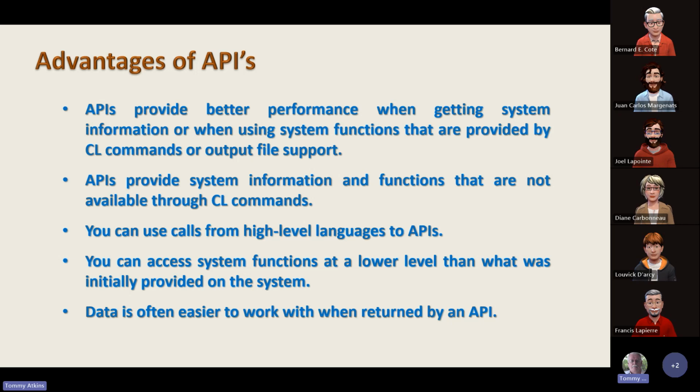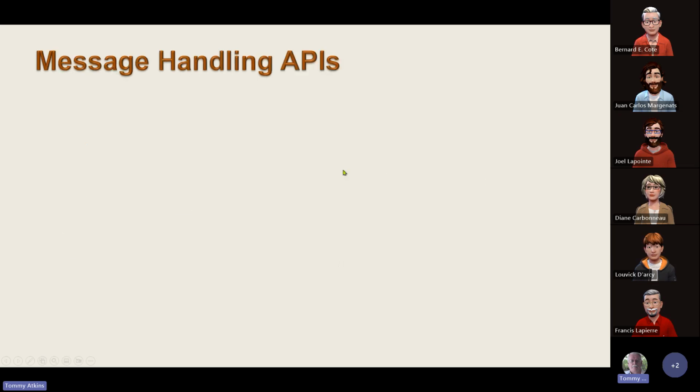In order to work with data returned by an API, pointers, Bernard, are the thing that will make it easy. All APIs use pointers, and once you get a handle on pointers, it becomes easy. Right. So we've just had a little chat about APIs in general. Now let's get specific.